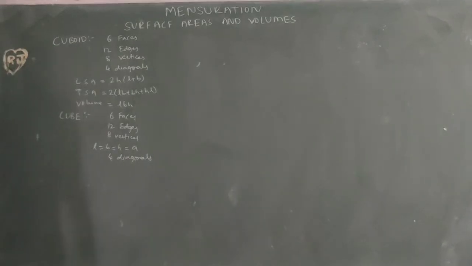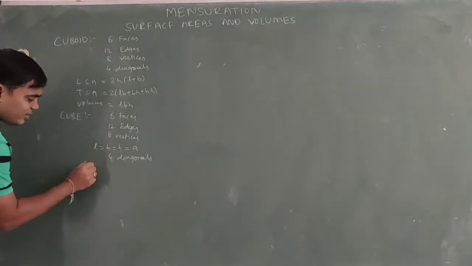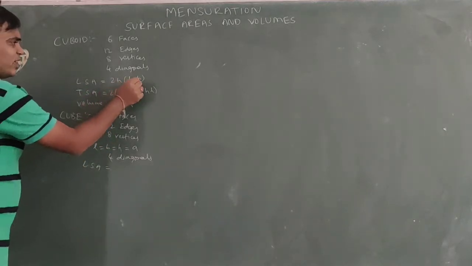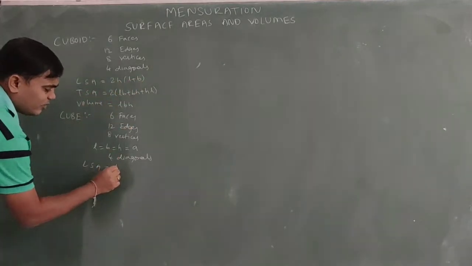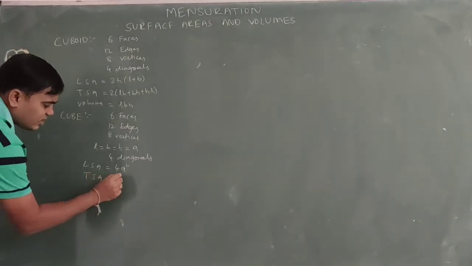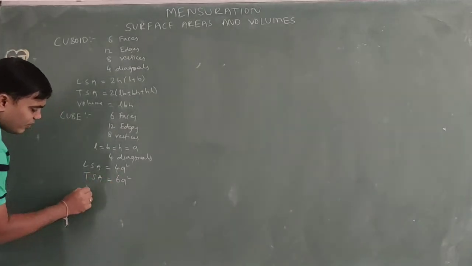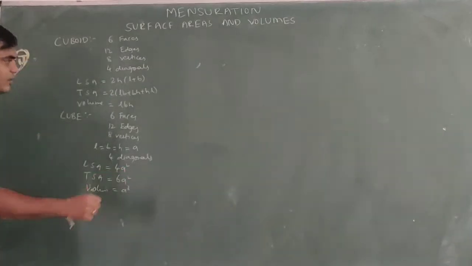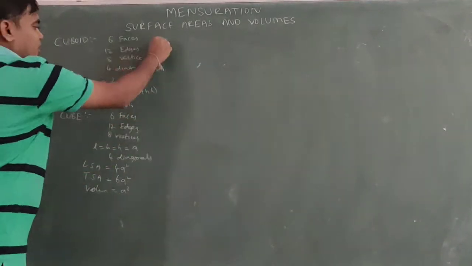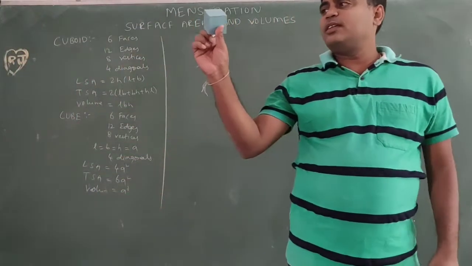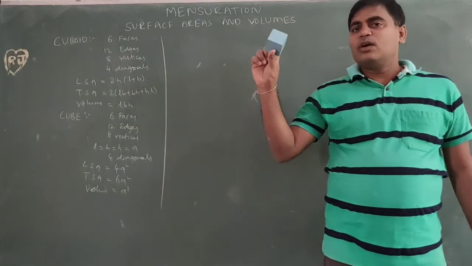Next, lateral surface area: h equals l equals b equals a, so 4a square. Total surface area equals 6a square. Volume equals a cubed. These are the formulas for a cube.